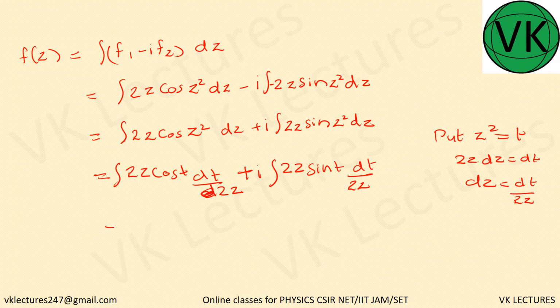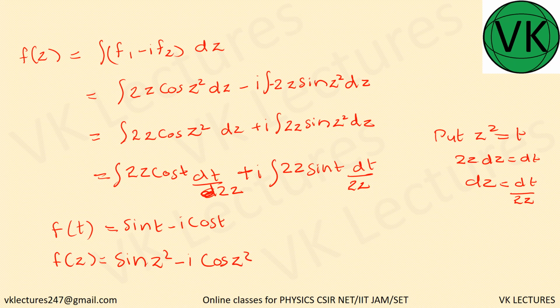Then we got sin t minus i cos t, this is f of t, then f of z is equal to sin z square minus i cos z square.